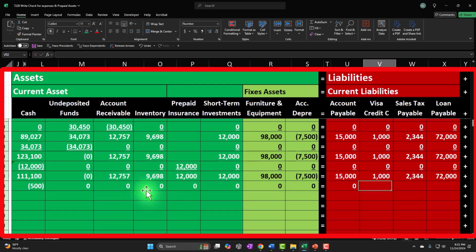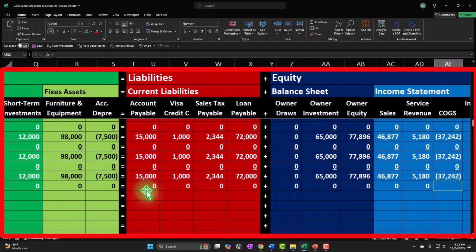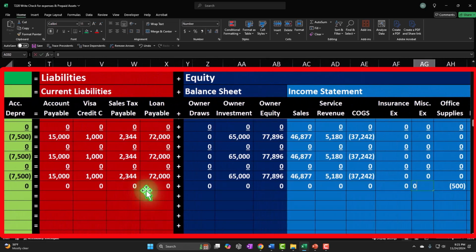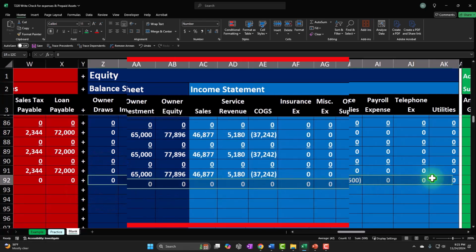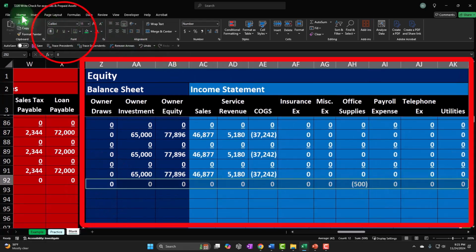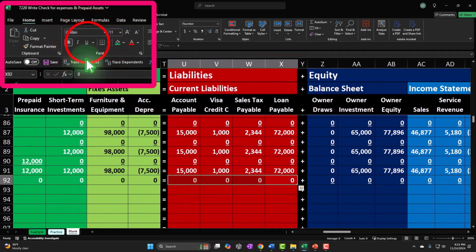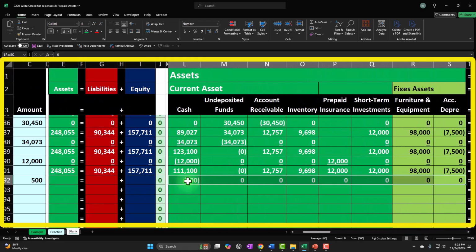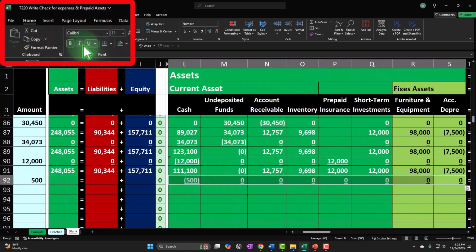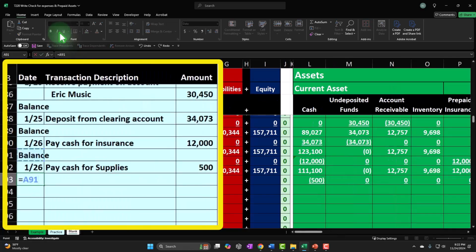Zeros across the board, and our normal routine. It's important to have the routines, it keeps you in the flow here. We know this process. Put an underline here, an underline here, an underline here, just the normal routine. And then we will bring down the balance.